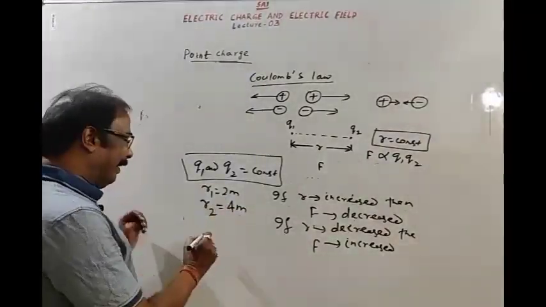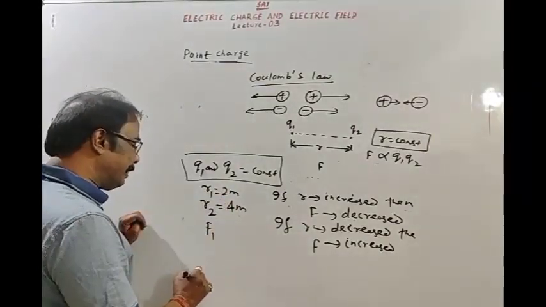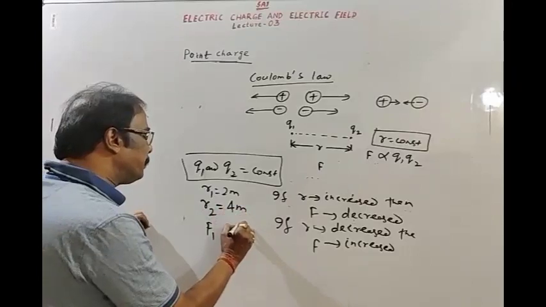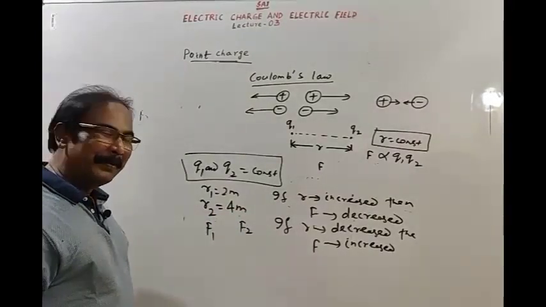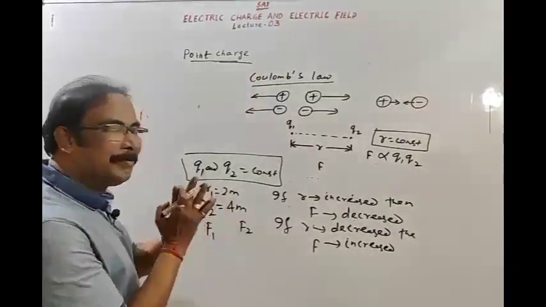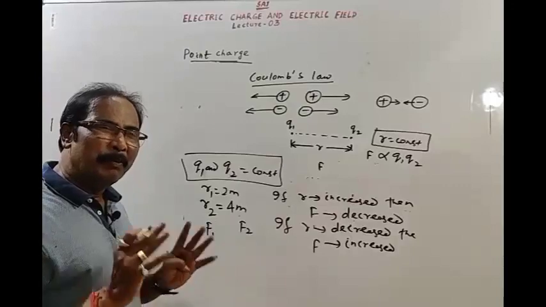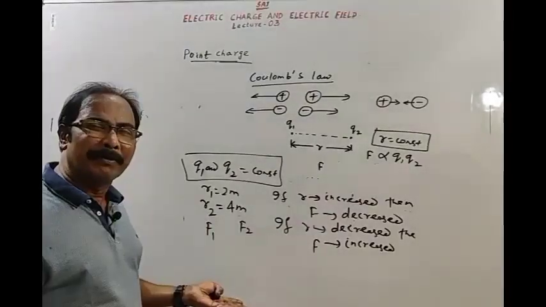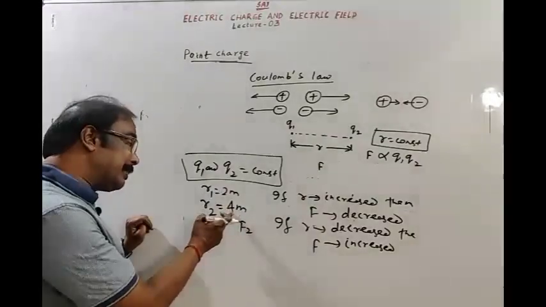Then at distance R1, force is F1, and when distance becomes R2, force becomes F2. If distance is doubled, from 2 meter to 4 meter, it is found that force becomes 1/4.